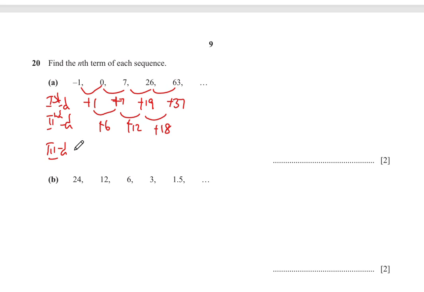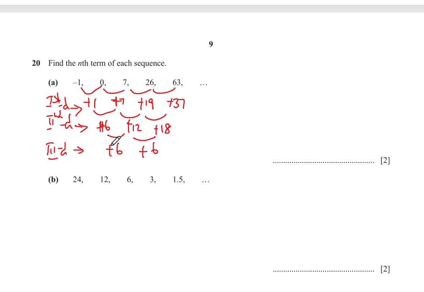The difference between 12 and 6 is plus 6, and 18 minus 12 is also plus 6. So all the values in the third difference are the same.